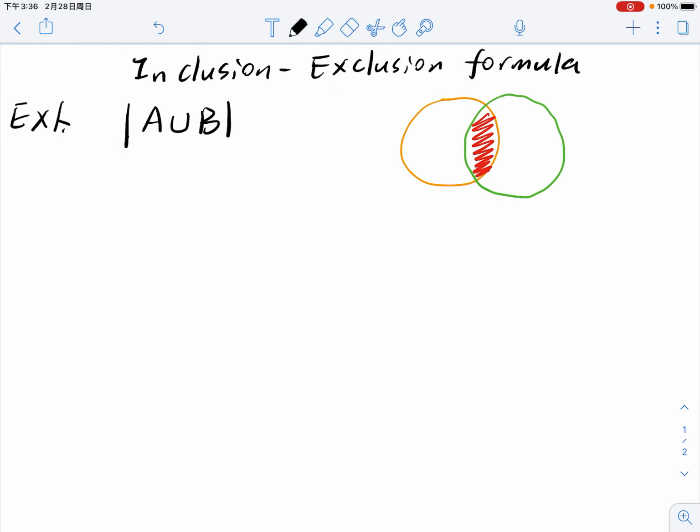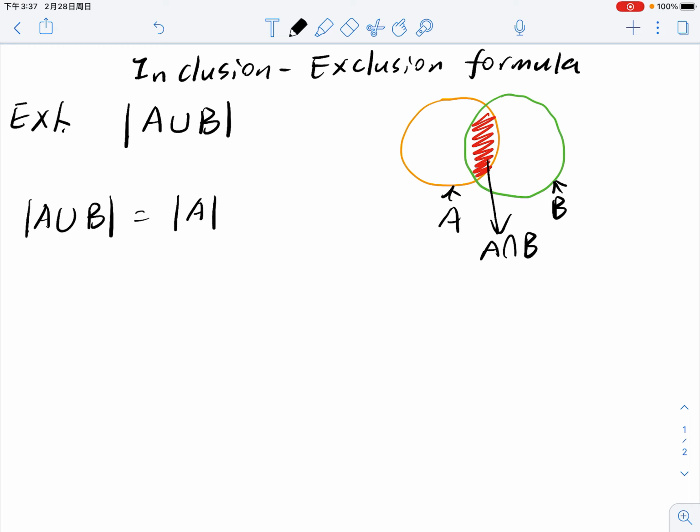So suppose this is A, this is B, and the red part is A intersection B. Then it's easy to see the cardinality of A union B is, so for convenience in the following, I will call the cardinality just the absolute value, with a slightly abusive notation. It's the absolute value of A plus absolute value of B minus absolute value of A intersection B.